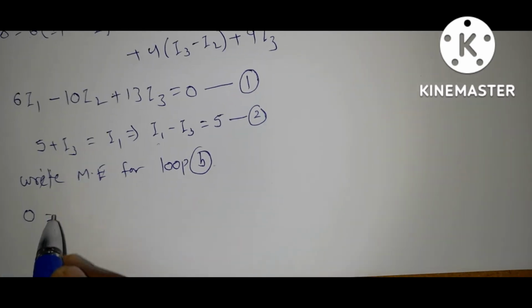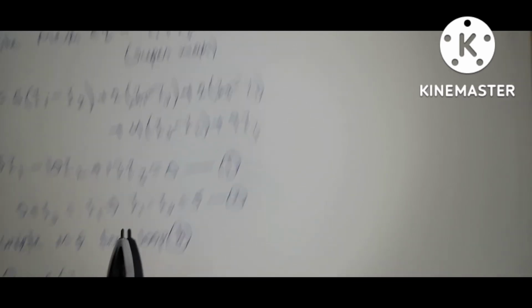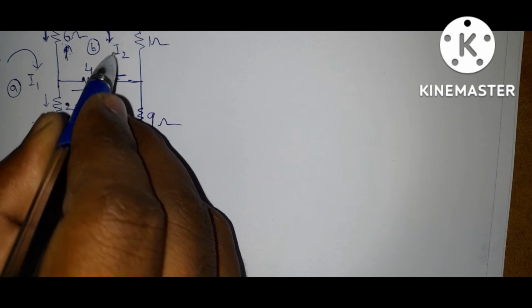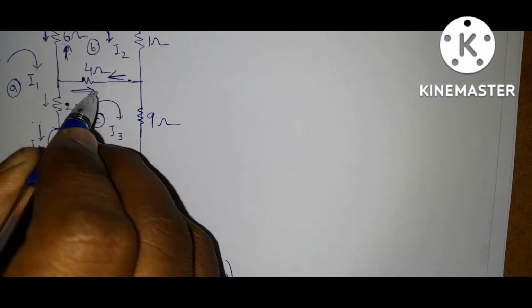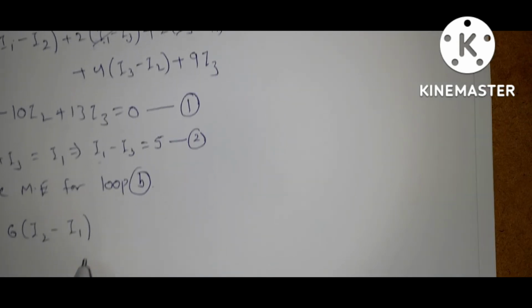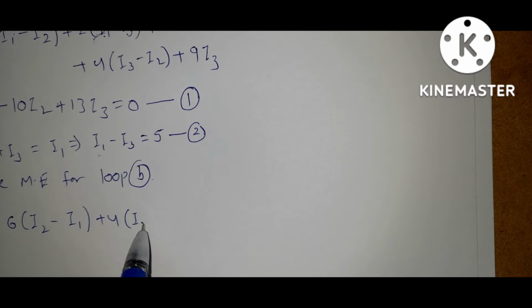So 6 into I2 minus I1. Coming to this element, this I2 current is right to left and this I3 current is left to right, so both are in opposite direction. Plus 4 into, first write I2 because we are considering loop B, so the loop B current is I2.